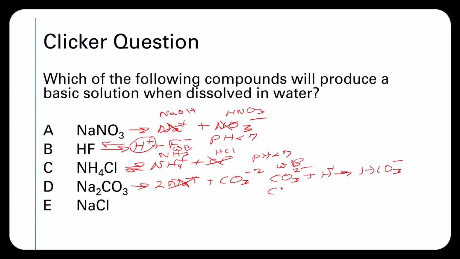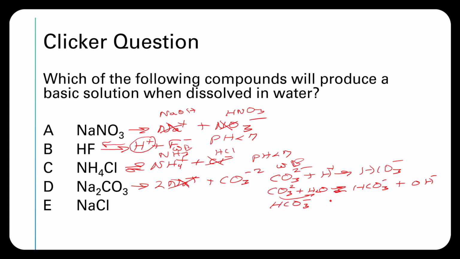So the reaction is CO3 2 minus plus H2O in equilibrium. It's going to pick up a proton off of water in hydrolysis, make a little bit of the conjugate weak acid plus hydroxide ion. In reality, bicarbonate itself is also typically basic as well.